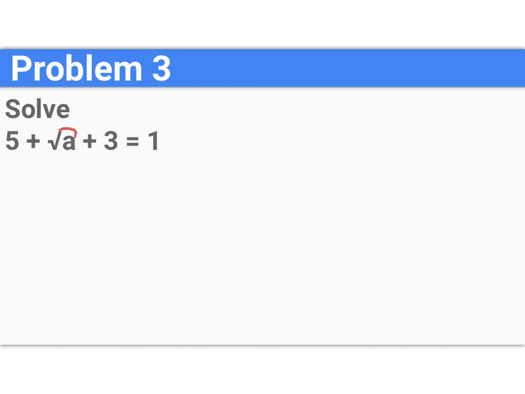Okay, again. Combine like terms, the sign in front of the term goes with the number. 8 plus the square root of a equals 1. Subtract 8 from both sides, and you get the square root of a equals negative 7. Again, we have one with no real solutions. No solutions.